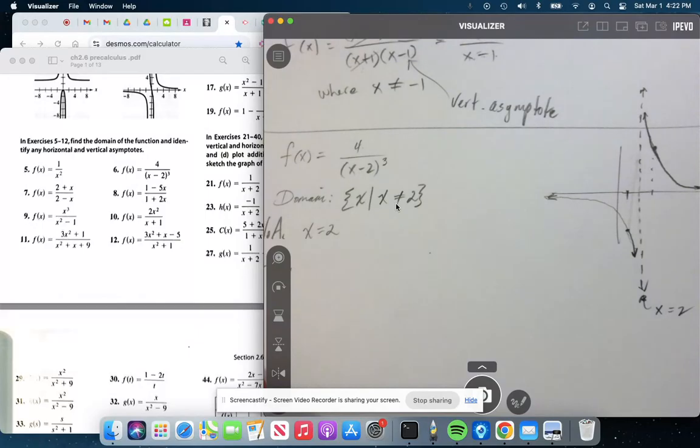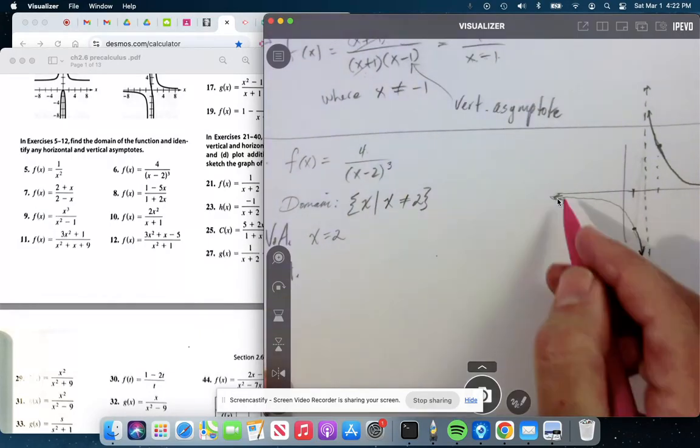If x gets very small in the negative direction, think of a very large negative number, then you're going to have a very large negative number, because when you take 2 away, you're still going to be negative. Big negative number minus 2, still negative. Cube it, it's even bigger negative, over 4, right? So now you've got 4 over this really big negative number. So it's going to get really close to 0, but it's going to be negative. So it's going to approach from the bottom.